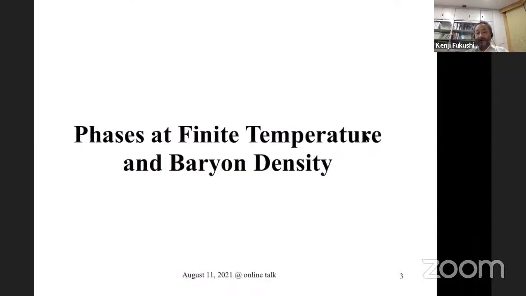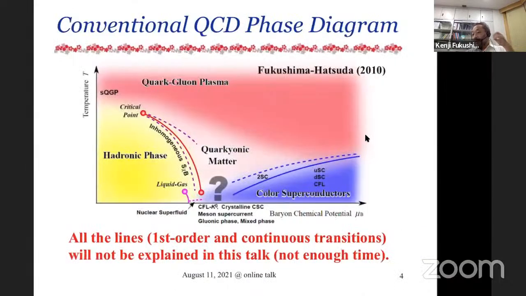Okay, now the first story is about finite temperature and density. Here is one example of a conventional QCD phase diagram. Actually, in the market, there are hundreds or thousands of different variations of QCD phase diagrams, because essentially this finite density region is unknown.